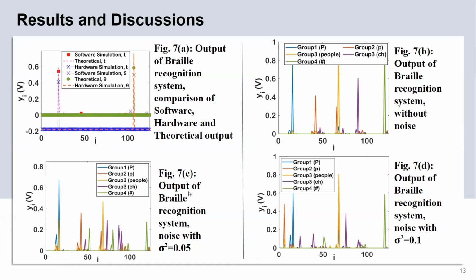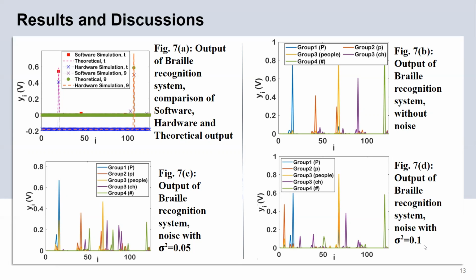Figure 7C shows the output of the Braille recognition system in a noisy condition of sigma square equal to 0.05, and 7D shows the Softmax output of the Braille system with noise of sigma square equal to 0.1.